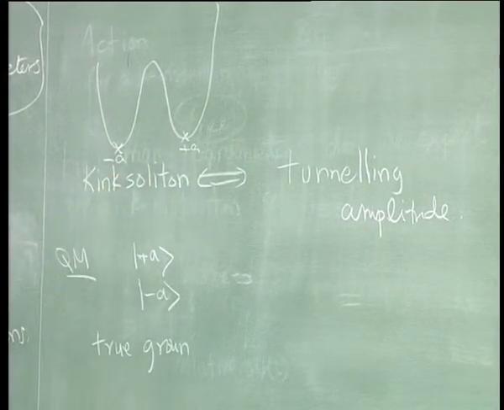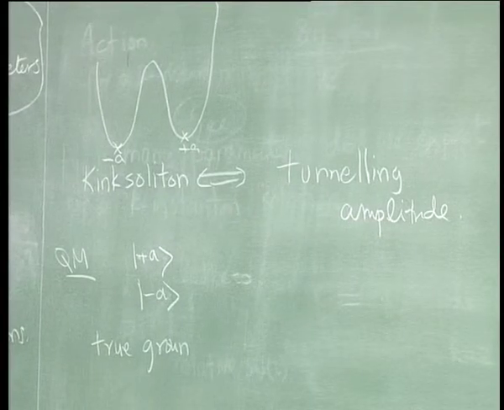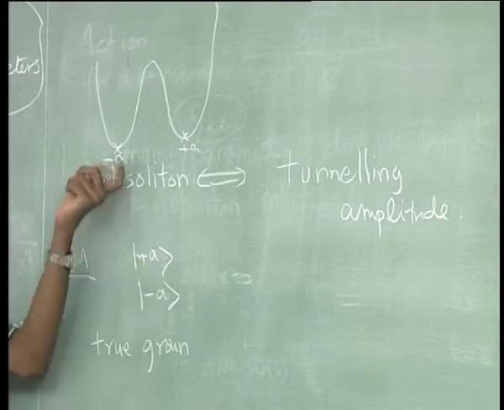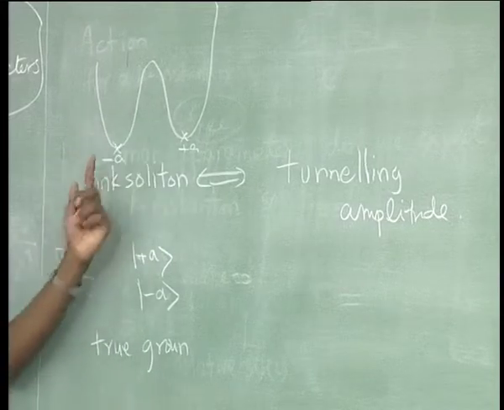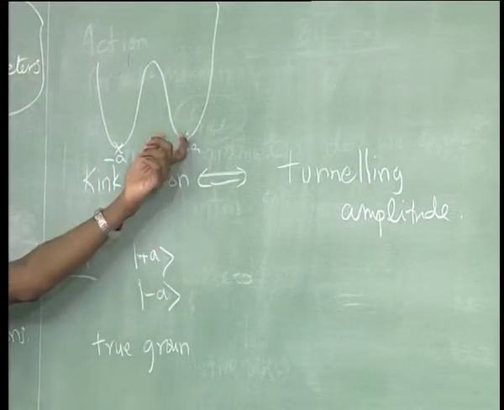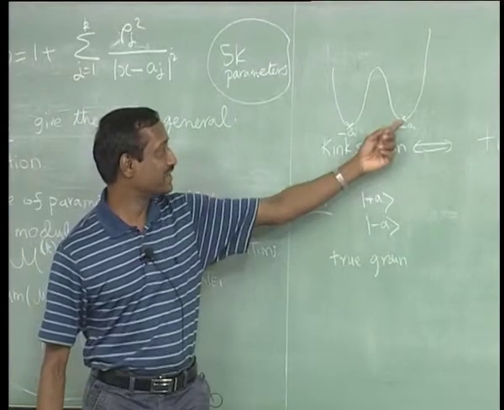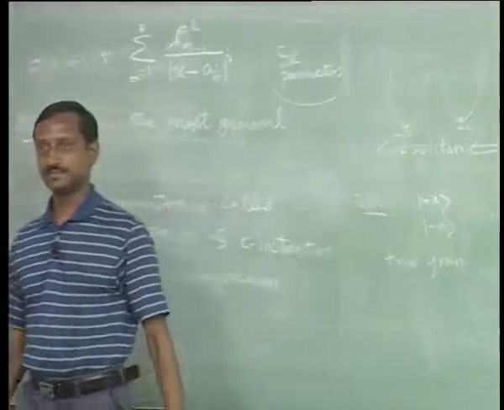So let us think of some harmonic approximation, and you can think of this as a Gaussian centered here as an approximation, and this as a Gaussian centered at the other point.